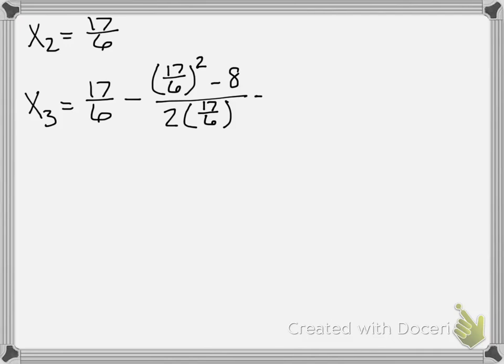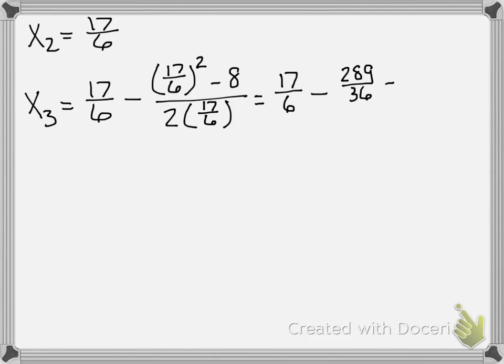So that is going to be equal to 17 over 6 minus 289 over 36, because we just square 17 and we put that over 6 squared for that fraction.